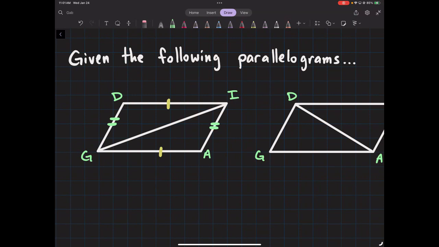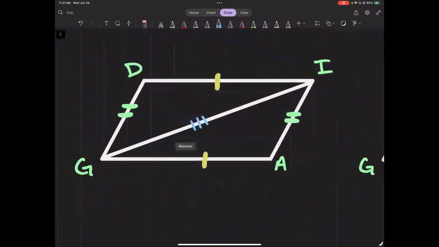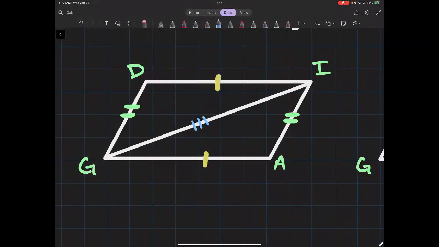Okay, so the thing that we said to remember the reflexive property was to say reflective, right? Because this line, IG, is the same as itself. Well, it should be because it's itself, right? So then that means you have the two triangles are congruent by what?